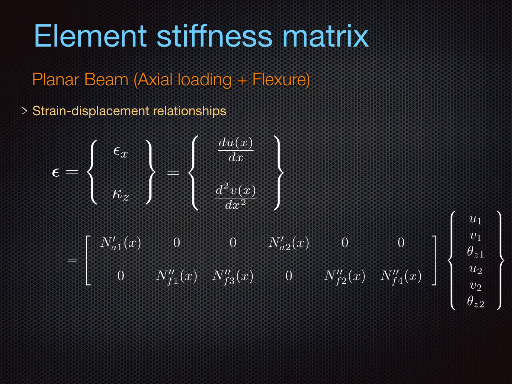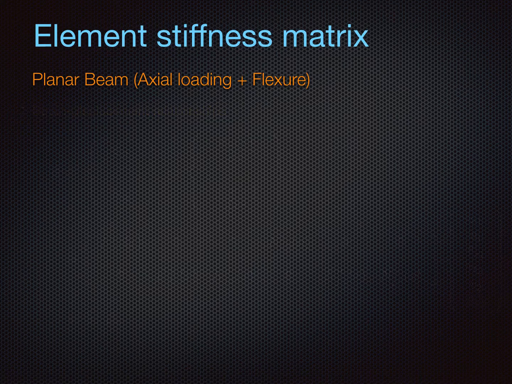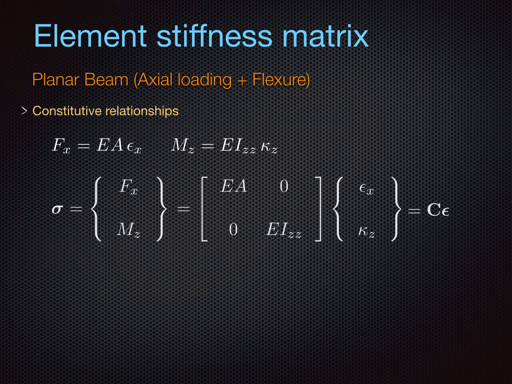Our degrees of freedom here are now U1, V1, theta Z1 on the left node, U2, V2, theta Z2 on the right node, and of course the corresponding derivatives that relate them to the internal axial strain resultant and curvature are as follows. So our B matrix is 2-by-6, our delta is 6-by-1. In this particular case, the constitutive relationship is 2-by-2, which in matrix form looks like that.